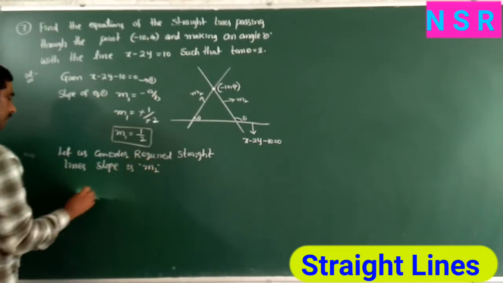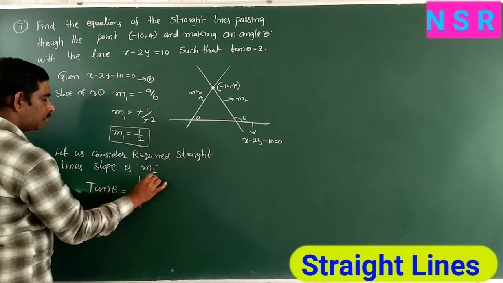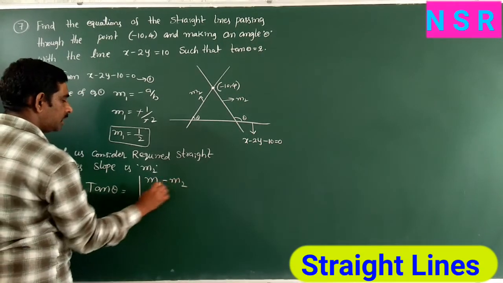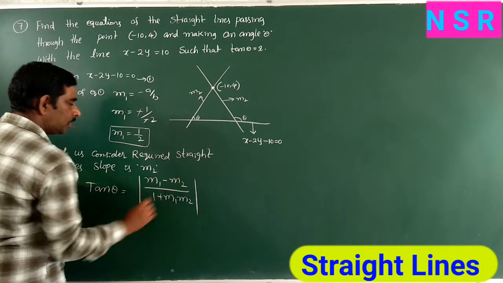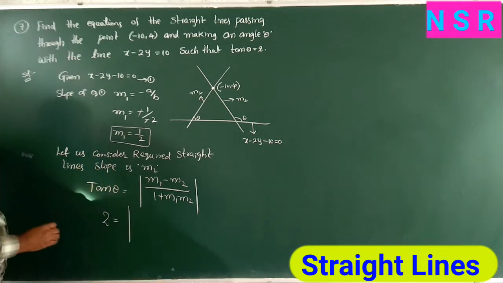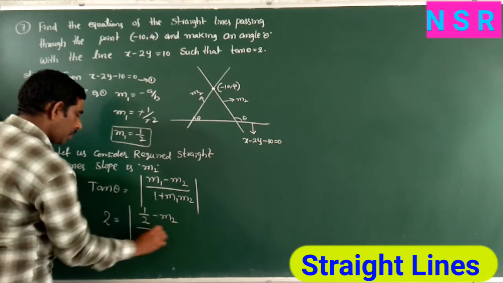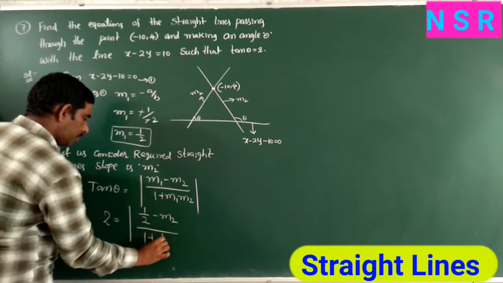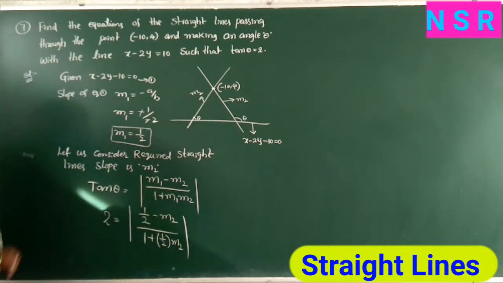So now here given tan theta, now apply the formula tan theta is equal to mod m1 minus m2 by 1 plus m1 m2. So here tan theta value given, so tan theta 2 is equal to mod m1 value is 1 by 2 minus m2 by 1 plus 1 by 2 into m2. So using this find m2 value.